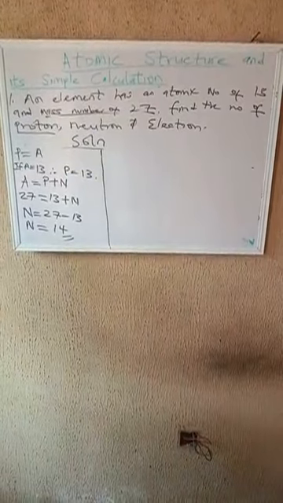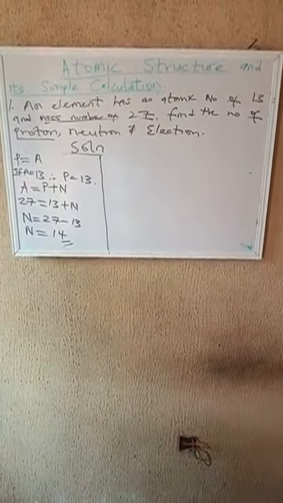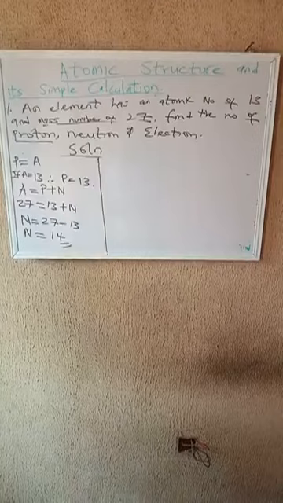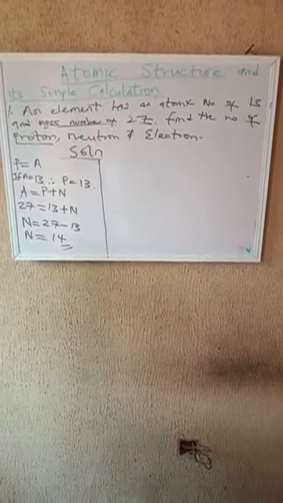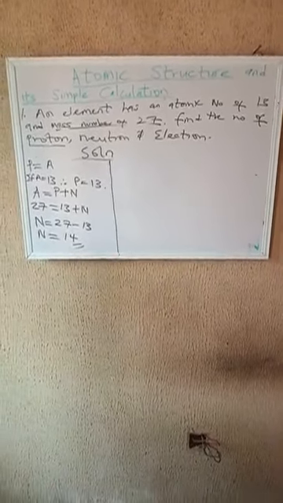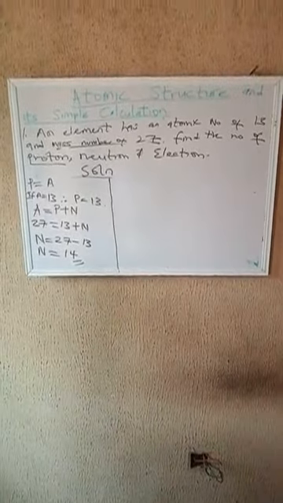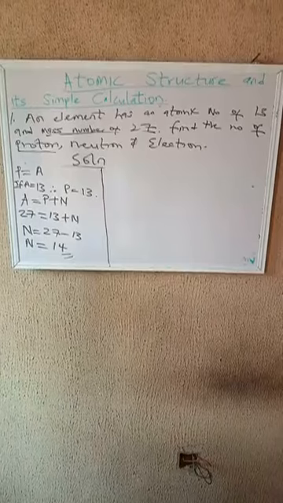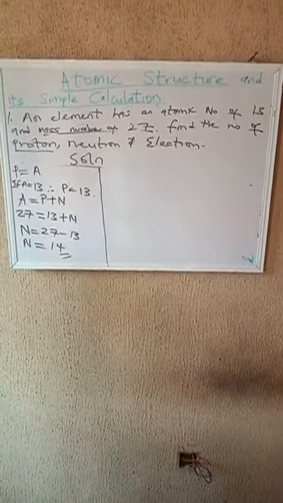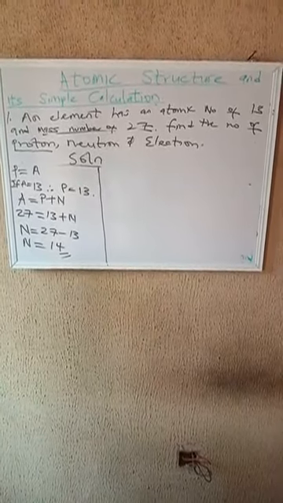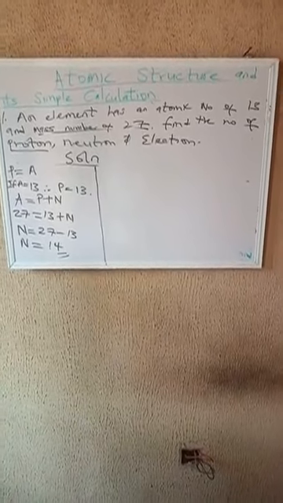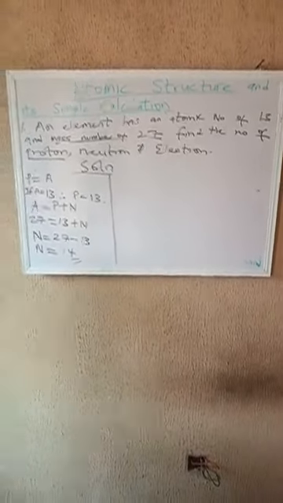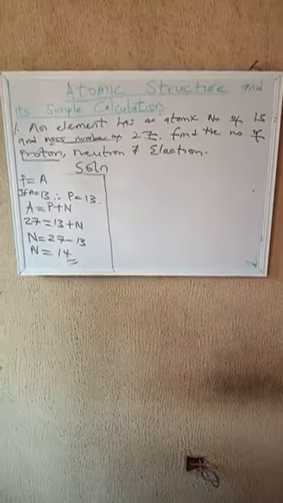An element has an atomic number of 13. The electron, from the question, we can see that the electron is not stated. Maybe it is a negatively charged electron.